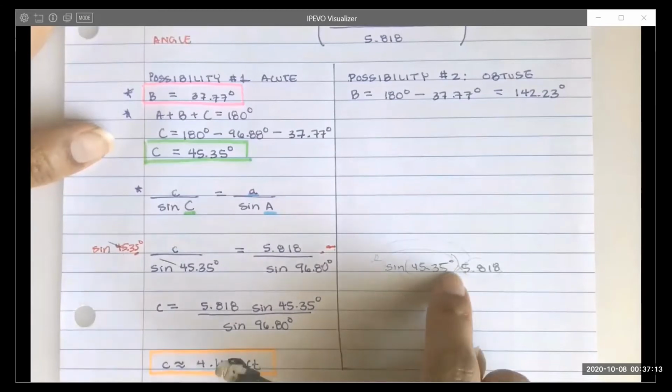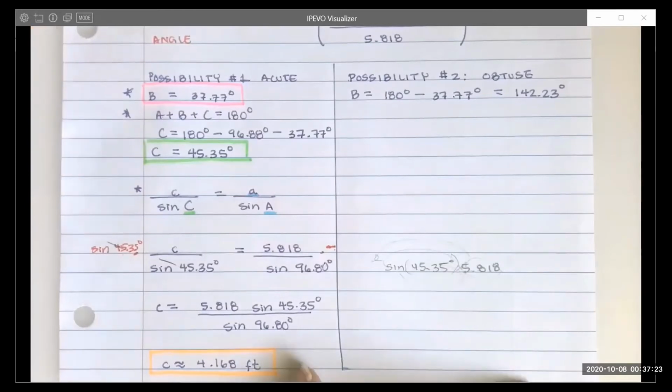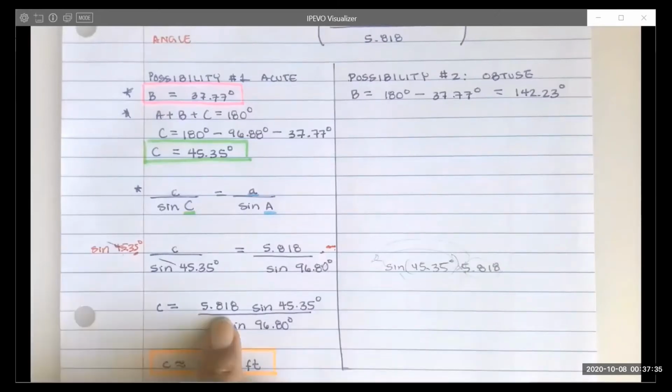Oh, okay. Yeah, because when you told us that we had to multiply sine of 45.35, I thought that the sine of 96.80 would change or 5.818 would change. Well, the 5.818 won't change until we actually punch it into the calculator and we take the product.